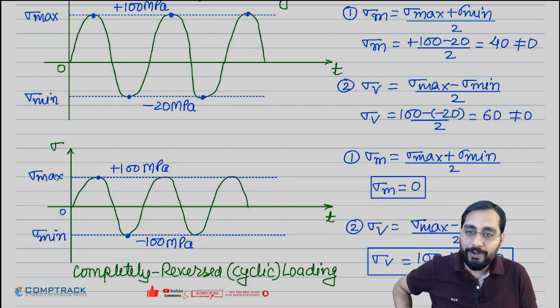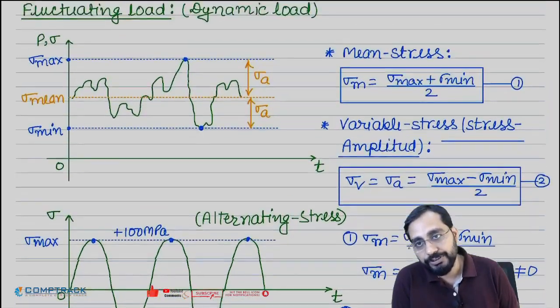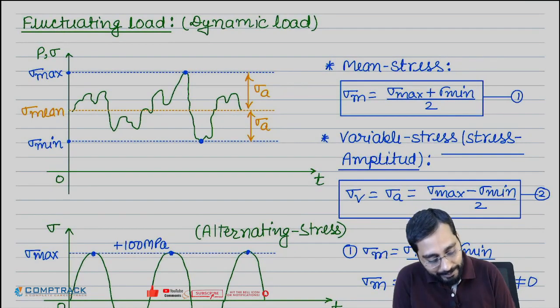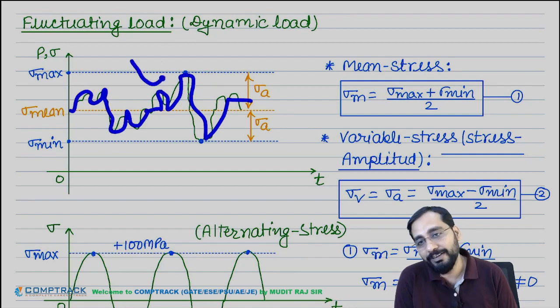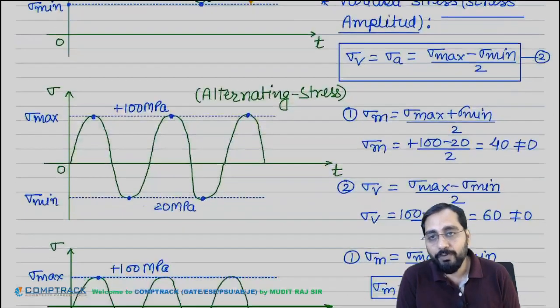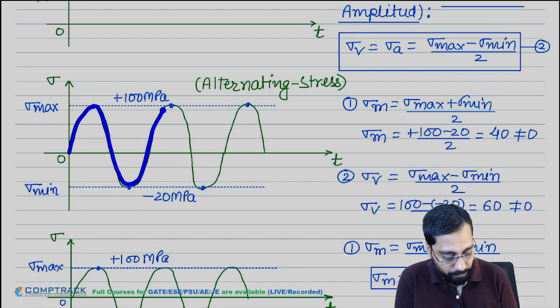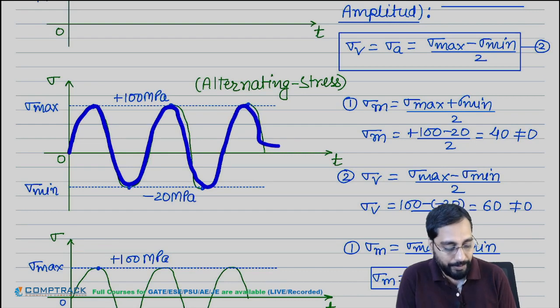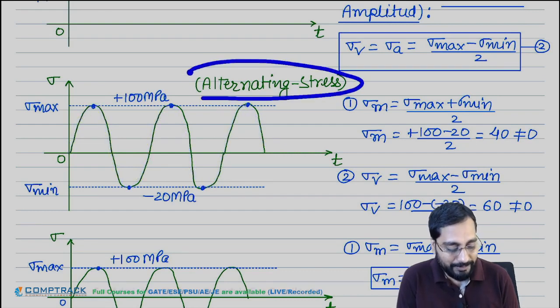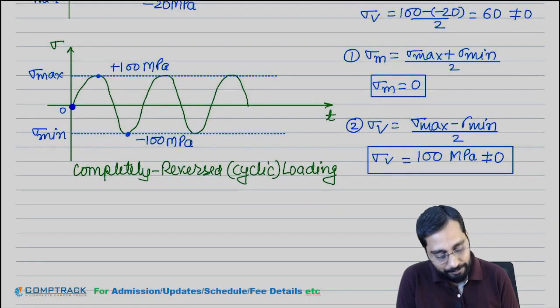Now, stress or load can vary in any general fashion. But the study of this is very difficult, so we cannot study this. So the standard things are what? Either it will be given to you in sinusoidal form, and alternating stress will be the name, or it will be given as completely reverse or cyclic loading like this.